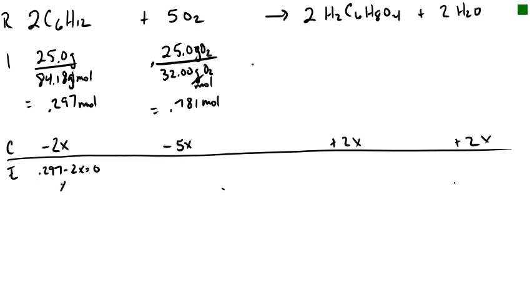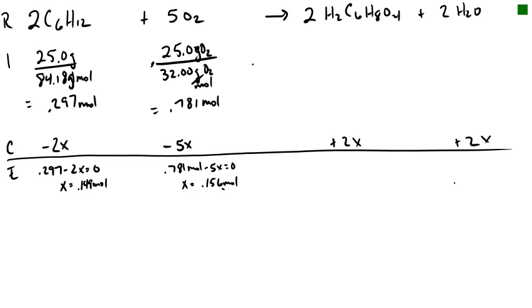So in this case, my x should equal approximately 0.149 moles. For the oxygen, I would have 0.781 moles minus 5x equals 0. So in this case, my x would equal 0.156 when I plug that in and solve.